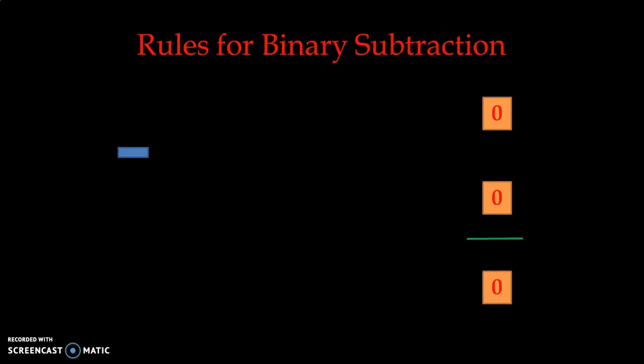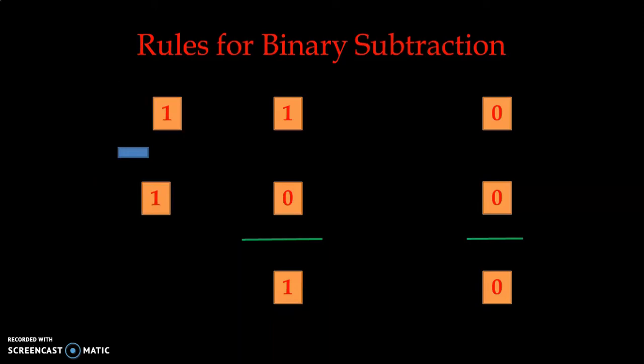So 0 minus 0 is 0, no need of borrow. 1 minus 0, now 1 is a larger value, so obviously the difference is 1. 1 minus 1, as we discussed earlier, in case of similar values, the difference is always 0. So 1 minus 1 is 0.